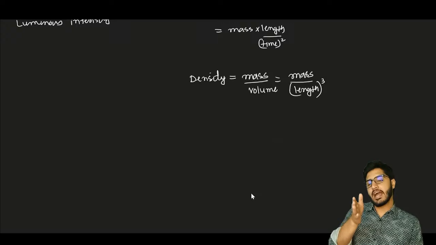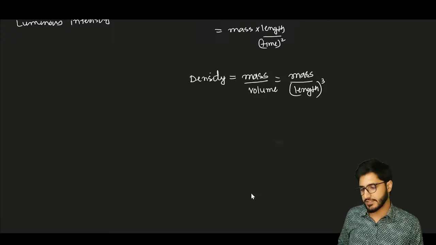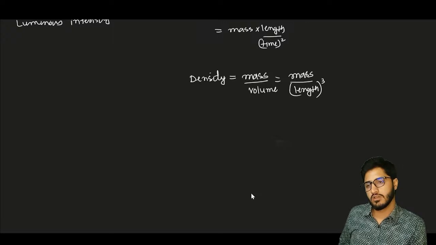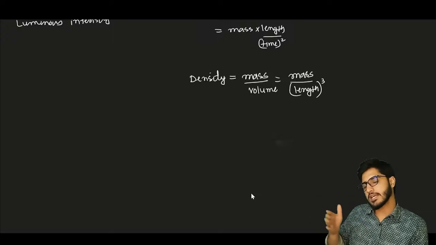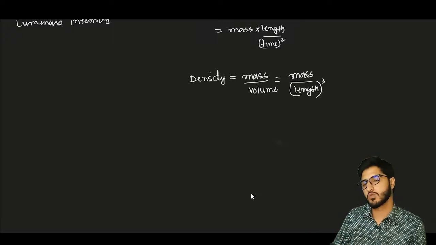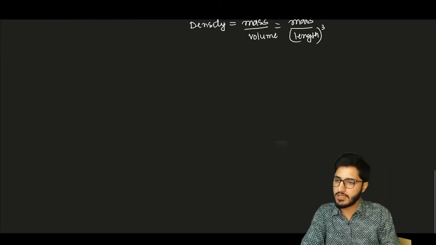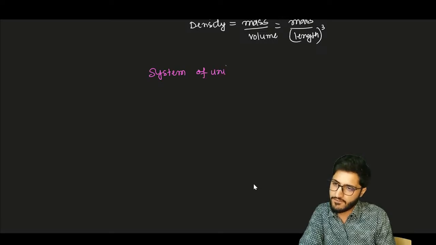Now, if we have some physical quantities, we want to measure their magnitude. Over the past centuries, we had different types of units to measure these quantities. So let me write the system of units.